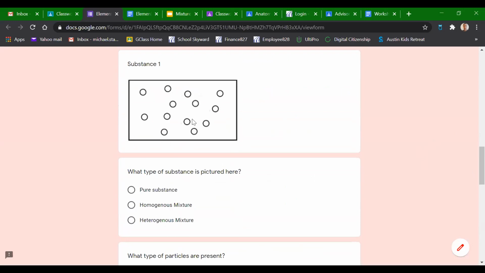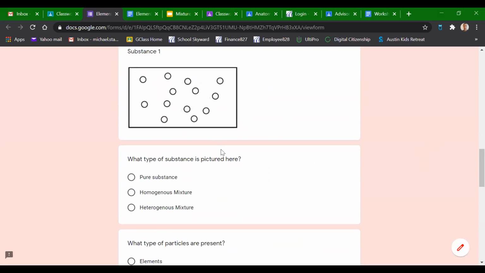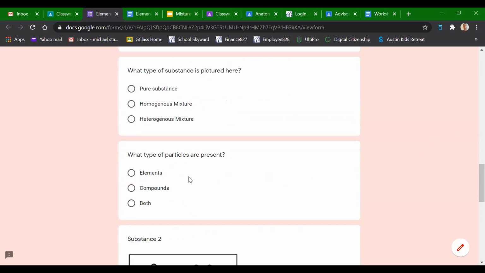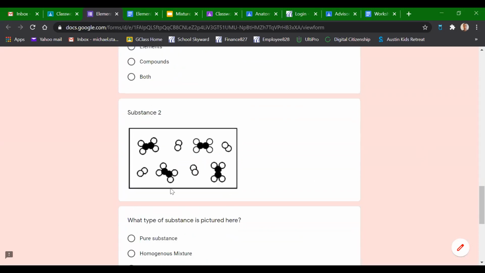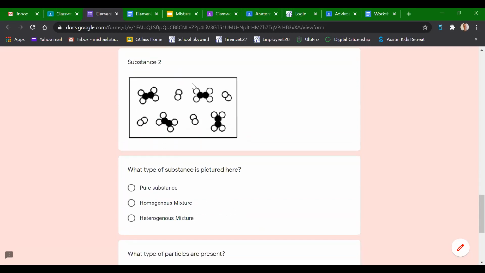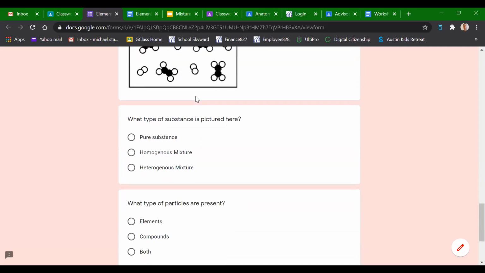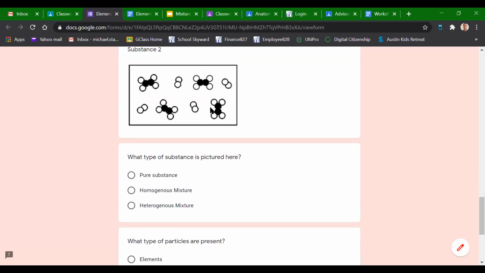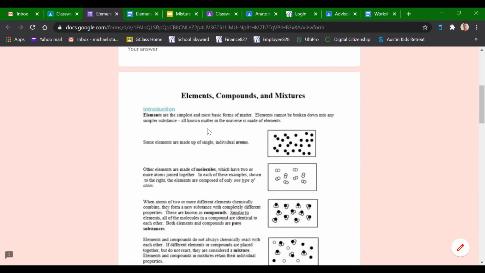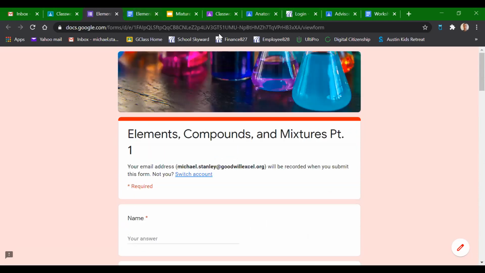So again, for the first picture, you're going to first pick if it is a pure substance, a homogeneous, or a heterogeneous mixture. And then are there elements present, are there compounds present, or are both of those present? And then same thing for substance number 2. Pure substance, homogeneous mixture, heterogeneous mixture. Are there elements, compounds, or both of them present? So that is the assignment for today.